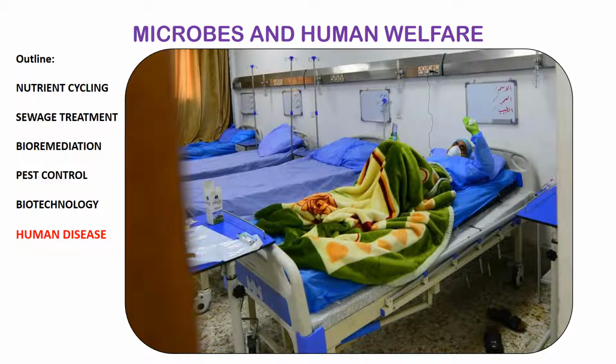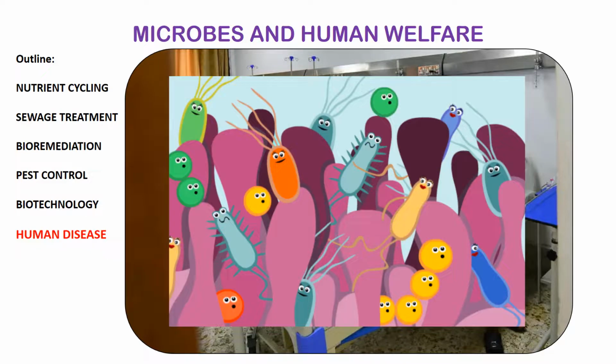And finally, of course, the role of microbes in human diseases has been established since the 17th century. And we now know a variety of causative agents of lots of diseases. And right now we are also looking at the role of our normal microbial flora.